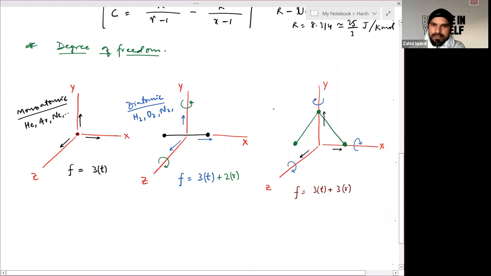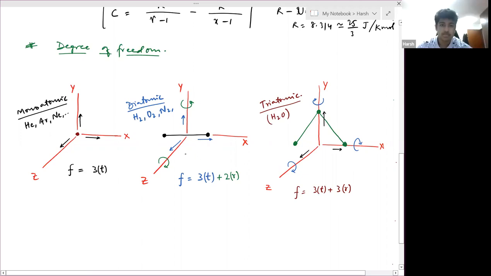This is what we are calculating for a triatomic of bent shape, just like water. Any doubt? No, sir. So we may define this degree of freedom as 6.